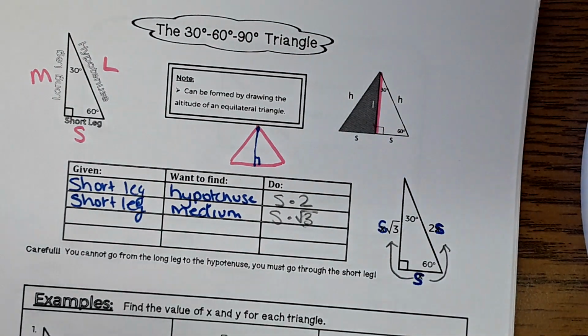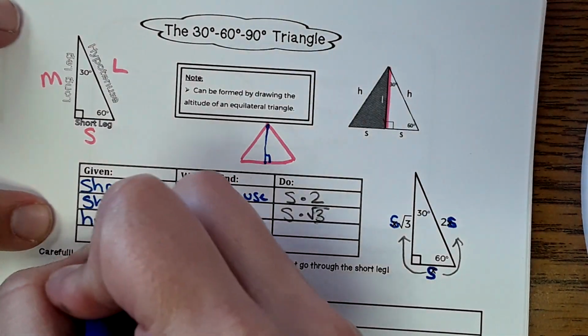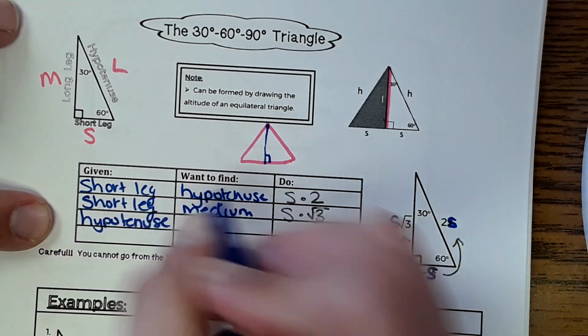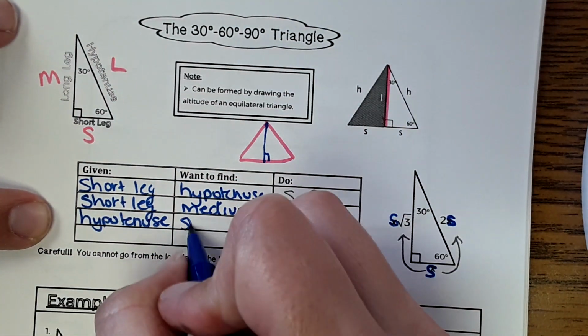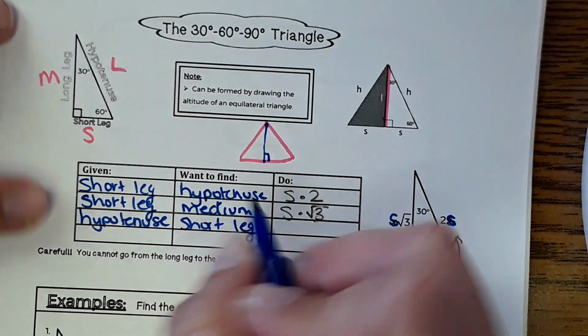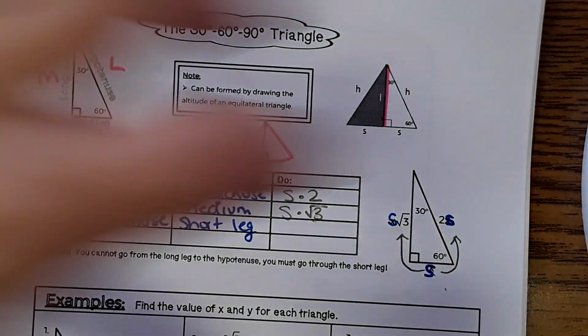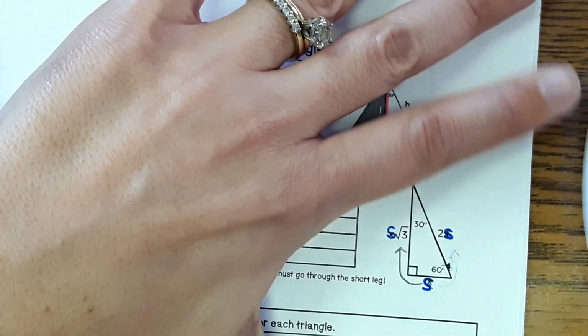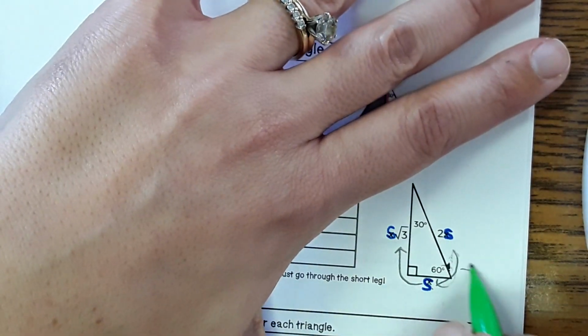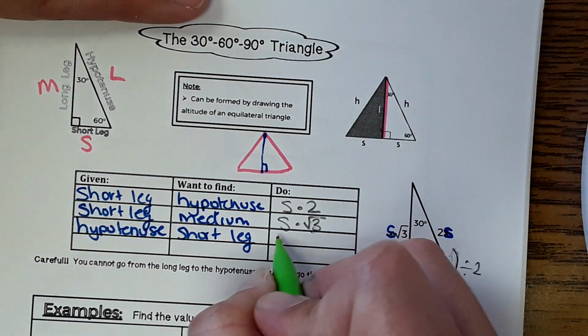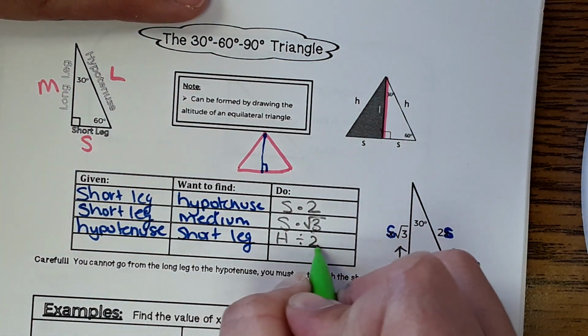Okay, and what if you are given the hypotenuse and you want to find the short leg? So to go from here to here, so to go this way, you would divide by 2. So you'd take the hypotenuse and divide by 2.